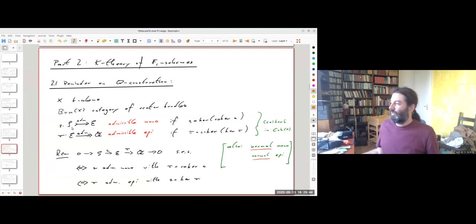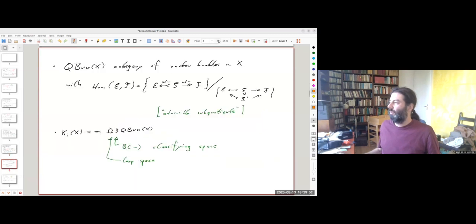Okay, so that's our setup. We have a category with this class of admissible monos and epis. And then we can form a new category, Q bun X. This is the Q construction, which has the same objects, vector bundles over X, but morphisms are now diagrams like this.